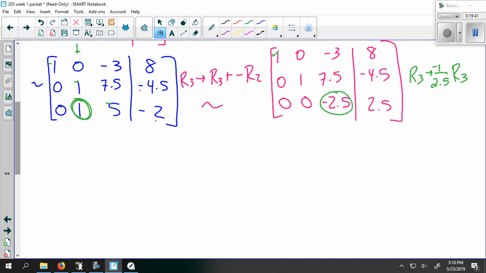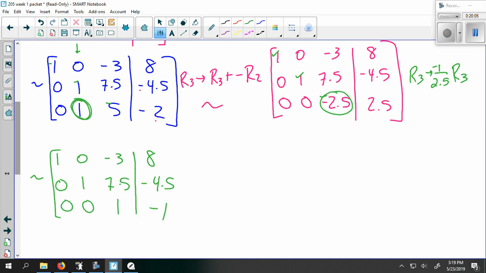It's really helpful to have 1s along your main diagonal. So in my new row equivalent matrix, my first 2 rows don't change. And my third row, I'm scaling by negative 1 over 2.5. So this becomes 0, 0, 1, negative 1.